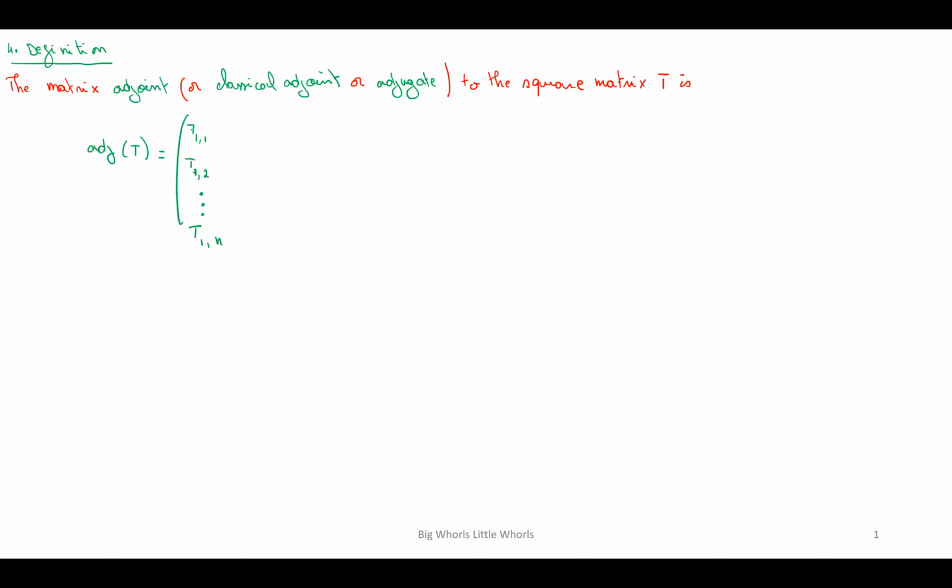If you can see here, normally this should be written horizontally in the rows, but now the rows are written as columns. Okay, so this is the tricky part about adjoint. It is like the transpose of the normal cofactors.